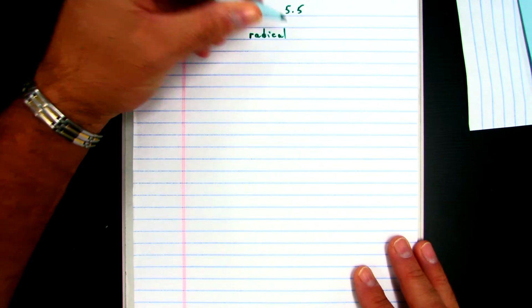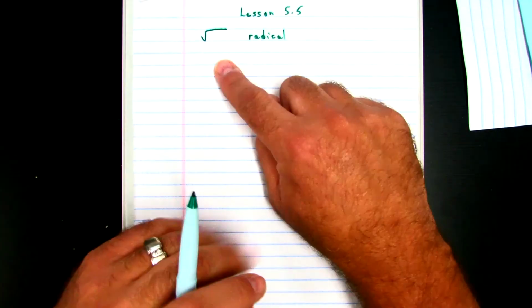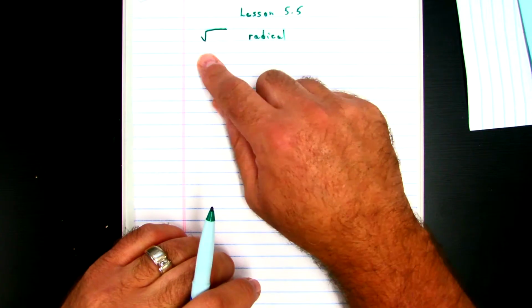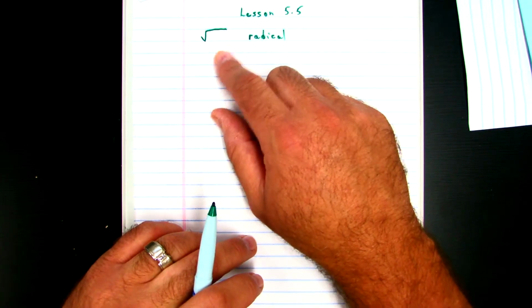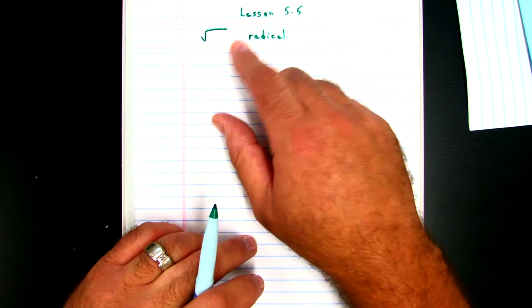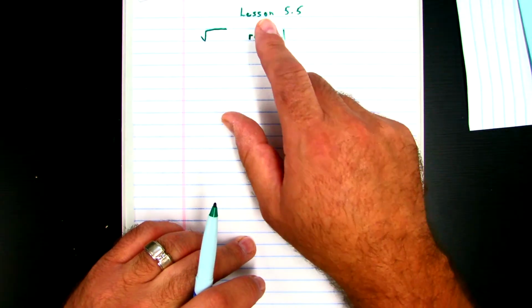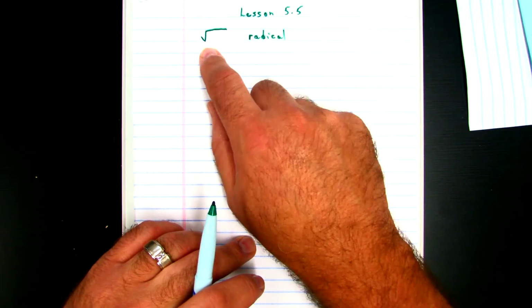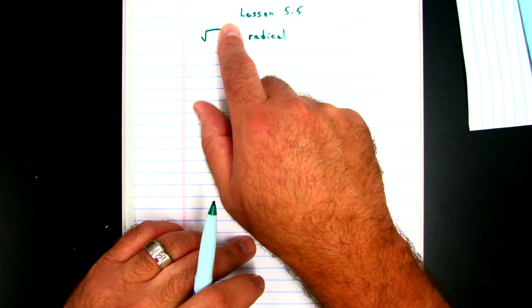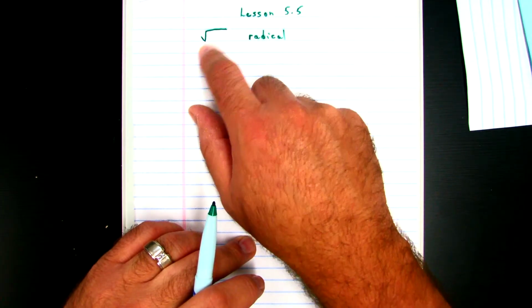You have to understand that this will always be called a radical. So when you read it, it's radical 2, radical 3, radical 4, radical 5, whatever it is. What has changed is understanding that the operation is called a square root.